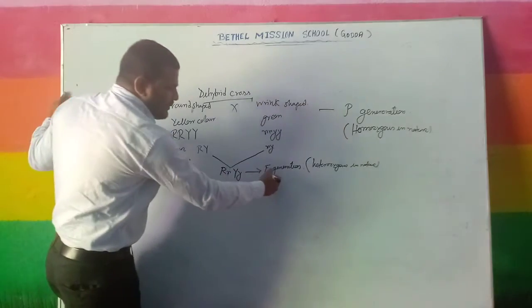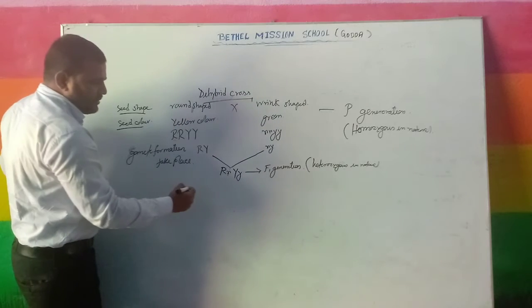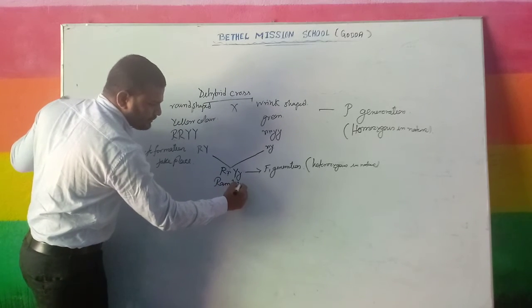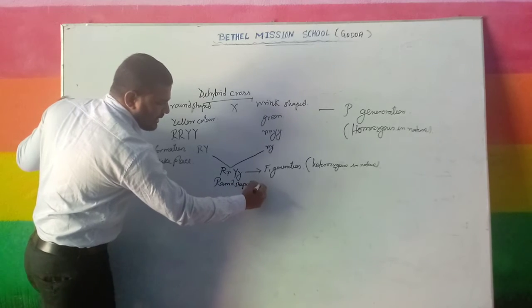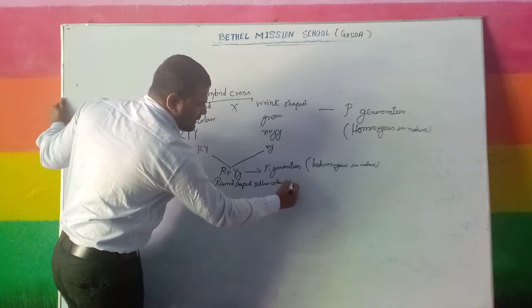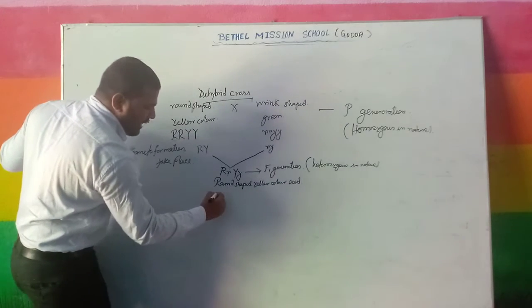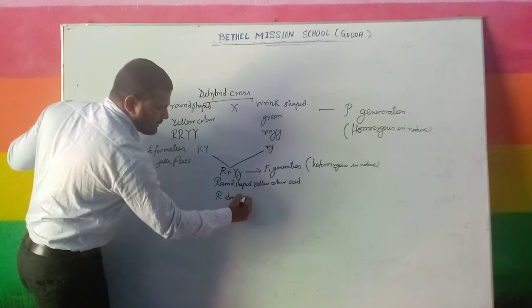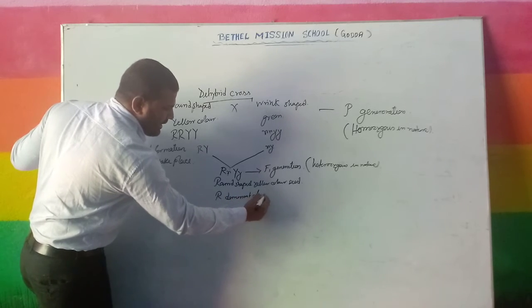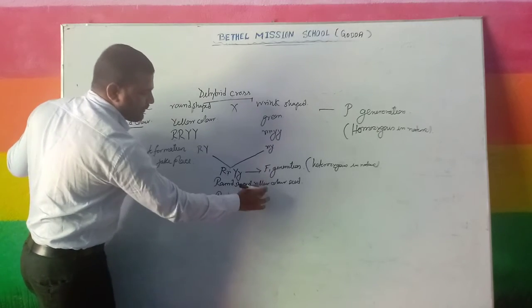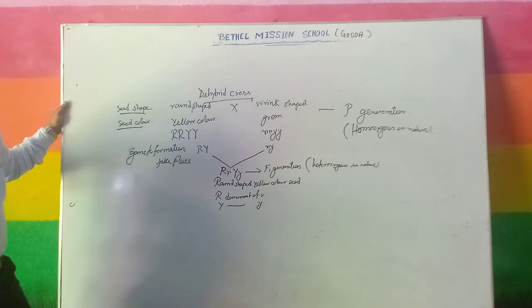All the plants of the F1 generation in dihybrid cross produce the round shaped yellow colored seed, just because capital R is dominant over small r and capital Y is dominant over small y. This is the reason.